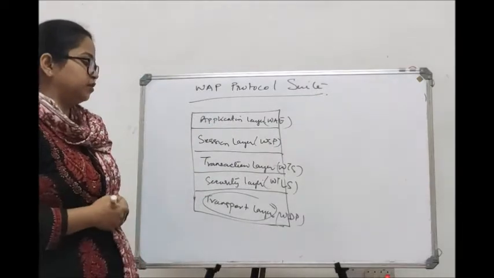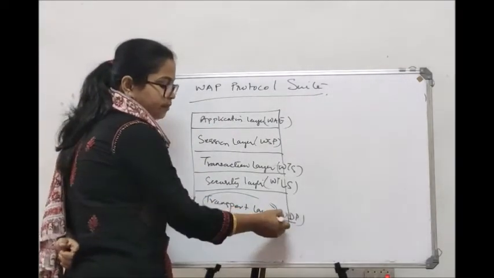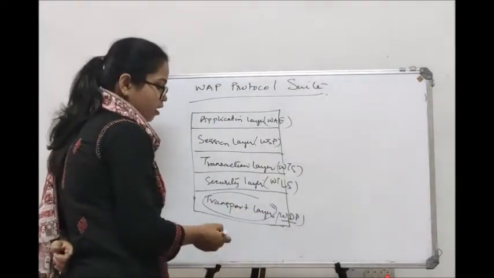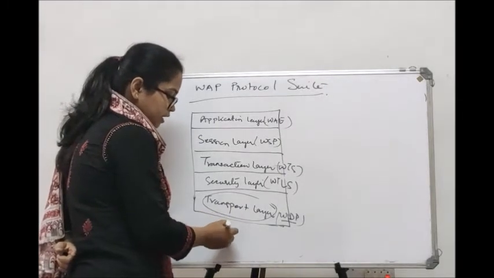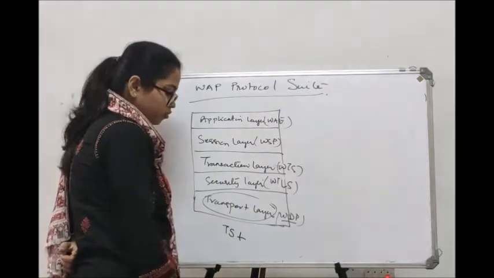The transport layer, which is also called WAP Datagram Protocol, WDP, has all the functionality of the transport layer, plus the network layer, plus the data link layer of the internet protocol.